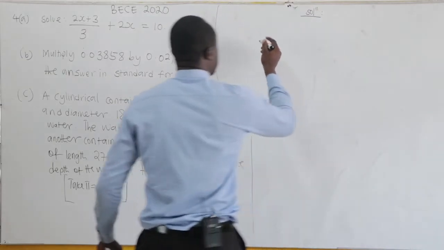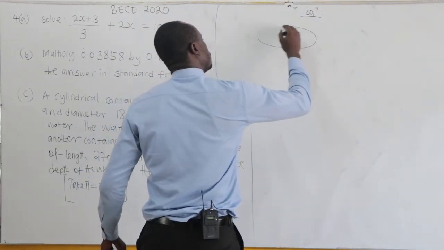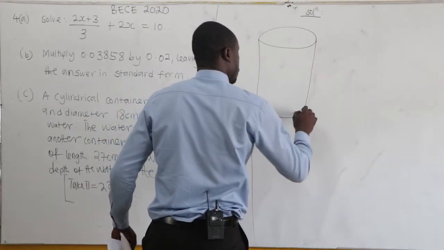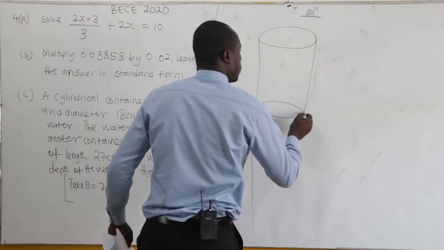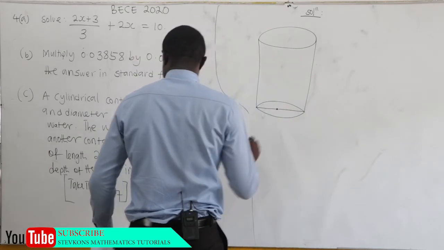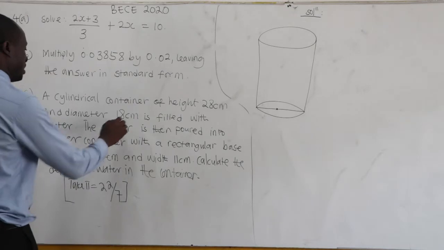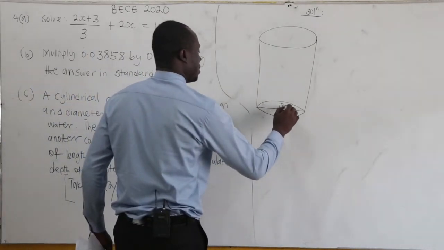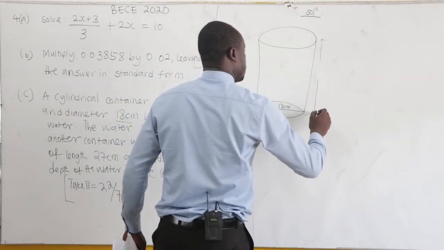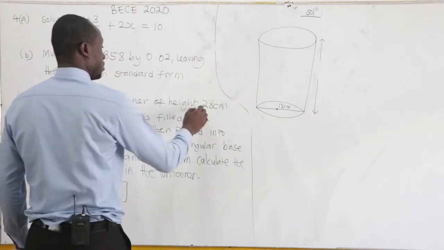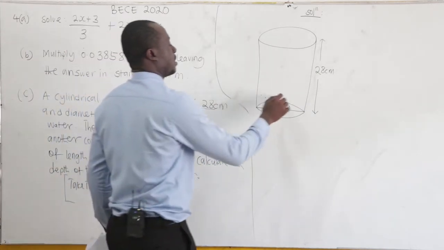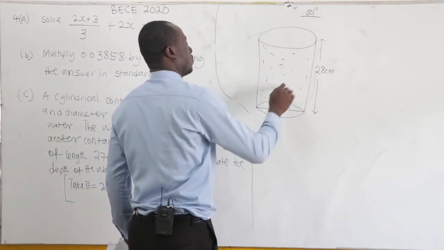Now let's consider this. So let's sketch. So our cylinder, let's sketch a cylinder. Now let's see. So here we are being given the diameter, and the diameter given to us is 18. So diameter, that is 18 centimeters. Now what is the height? The height given to us is 28. And this is filled with water.